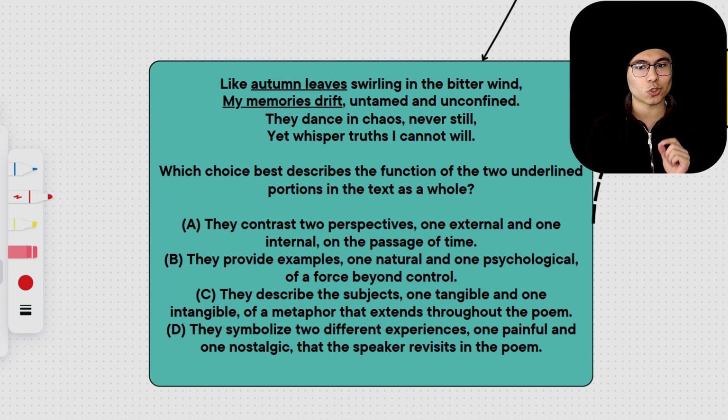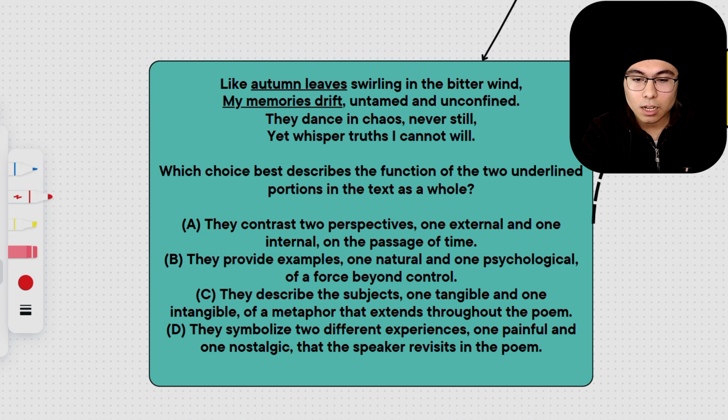This one is so tricky, and it's almost correct because both winds and our memories are out of control. But it gives examples, and the point isn't just listing those examples. It's making a comparison, or we can also say a metaphor.